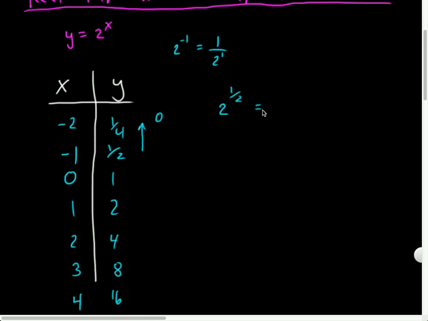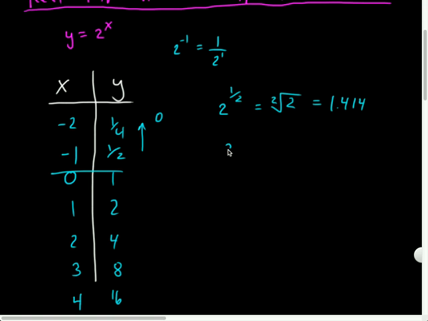So if I want to figure out the value of 2 to the 1/2, somewhere between these two values, 0 and 1, that would be the square root of 2, because the denominator of the exponent becomes the index of the radical. Right, square root of 2, that's like 1.414, a non-repeating decimal going on forever, an irrational number, right?